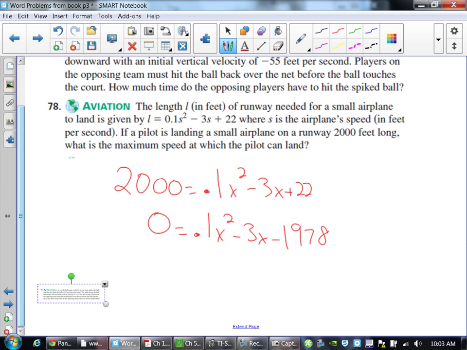Since it's asking about the maximum speed, once we get that set equal to 0, we go right to our calculator and calculate the maximum. That would be the x value to generate the highest y, which is what we're looking for. Very simple to work with.